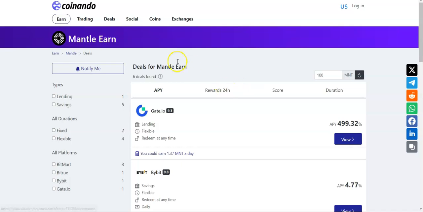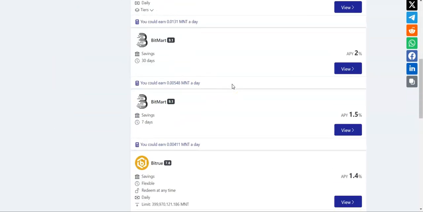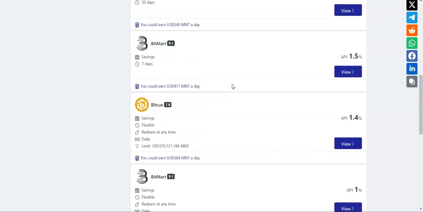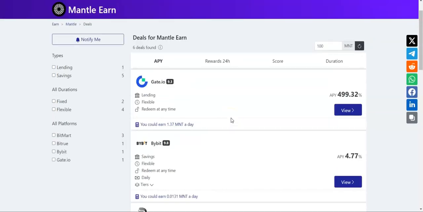Anyways, if you want to stake your MNT, guys, go to Coinondo. And this is not sponsored by them. Probably some of you think that it is, but it's not. Anyways, I have mine actually in Bybit because I have my MNT in the launch pools. Anyways, you can stake it pretty much anywhere. Bitmart, BitTrue, Bybit.